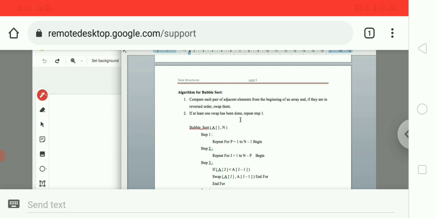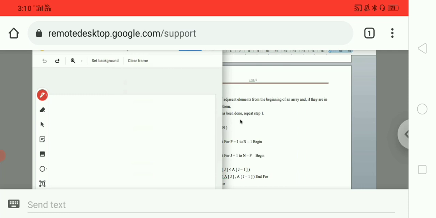Now let us take a small example and implement this algorithm. Here I am taking only 4 elements for easy working. So here I take 77, 43, 51 and 13.